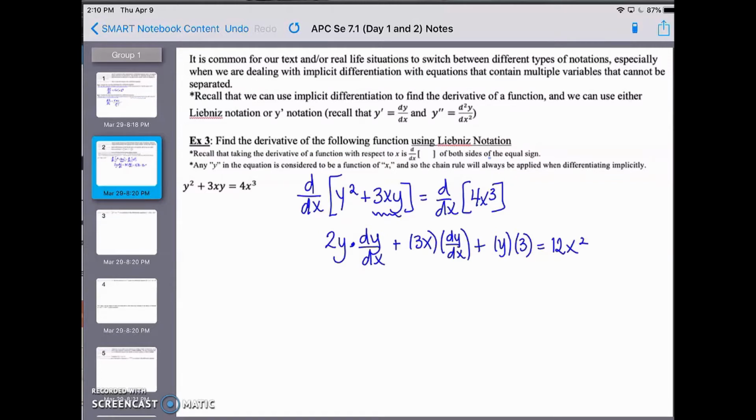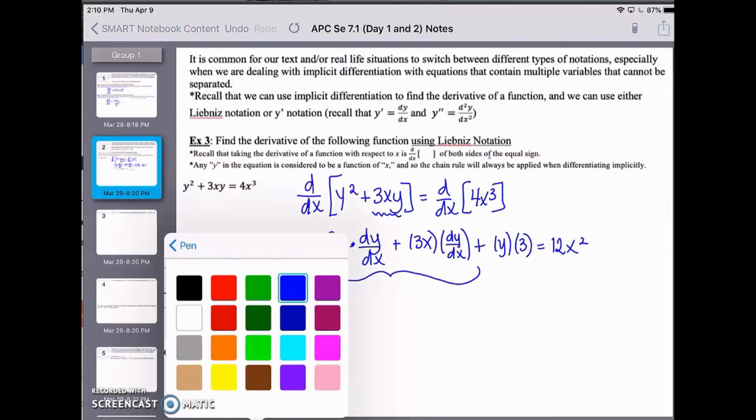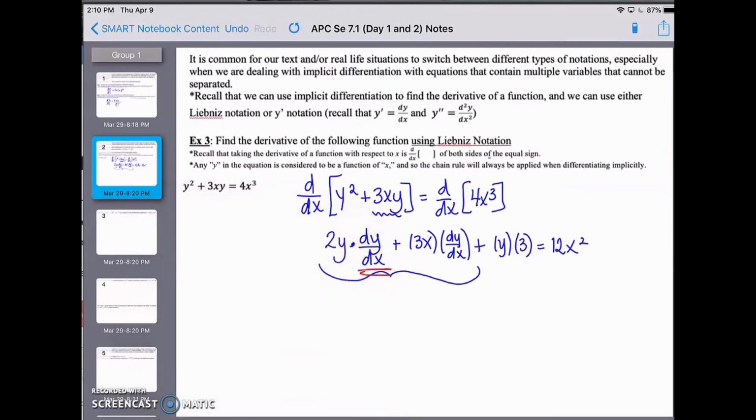So the first thing I'm going to do is these two terms right here both contain that dy/dx, so I'm going to factor that out. So I've got dy/dx times, in the first term I have 2y, plus in the second term I have 3x.